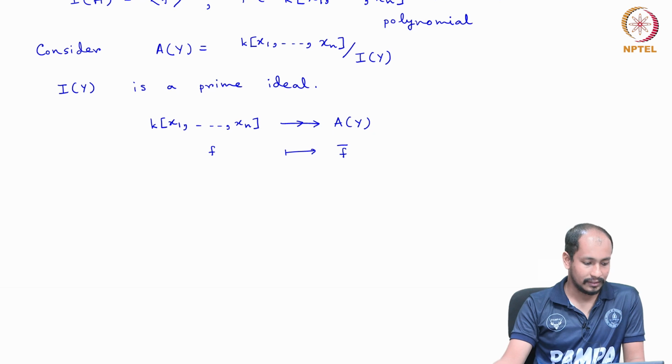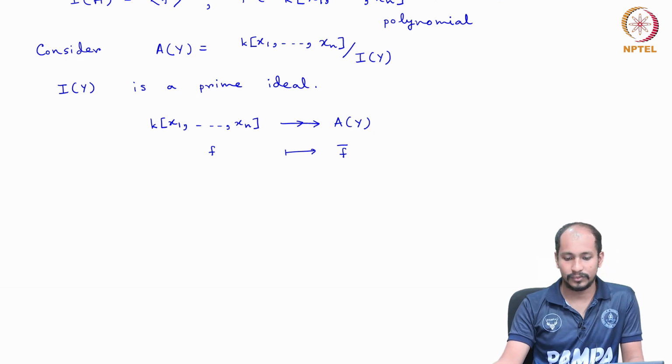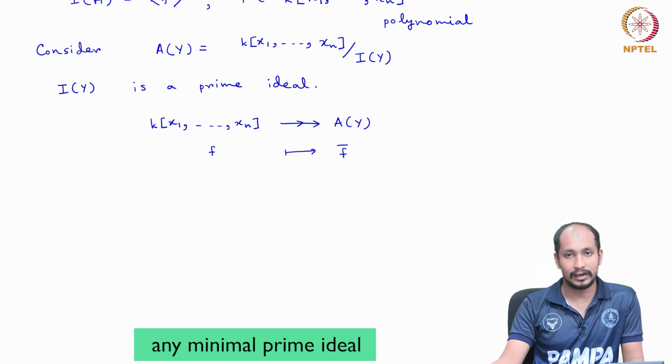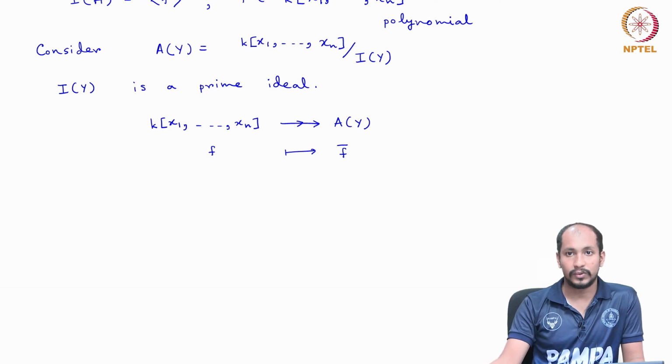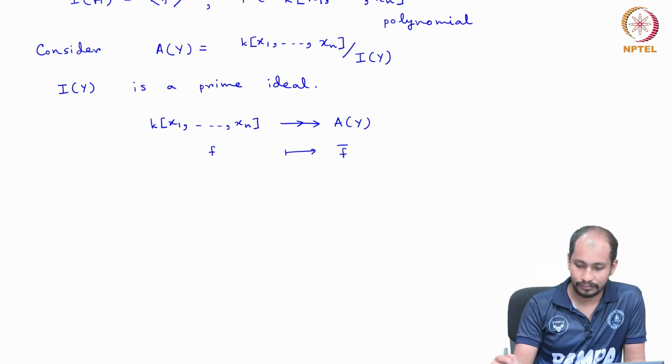For that we need a Noetherian ring, and an element inside the Noetherian ring which is neither a zero divisor nor a unit. Then we can say that the minimal prime ideal containing that element is of height 1. Okay, we will use that.